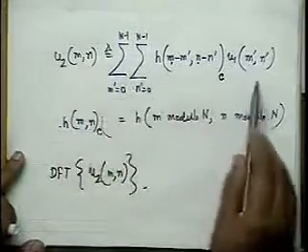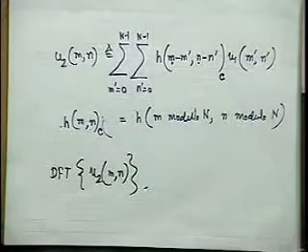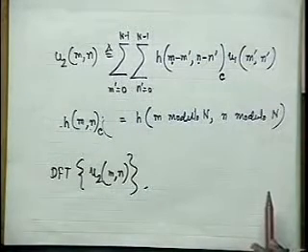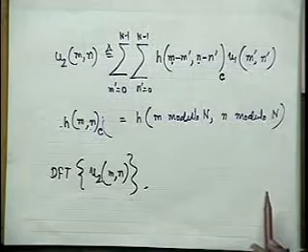Now I go back to the original definition of the convolution function, u2 mn equal to this, and in this expression, simply what I do is take the discrete Fourier transform of both sides, the left hand side as well as the right hand side, with indices mn.